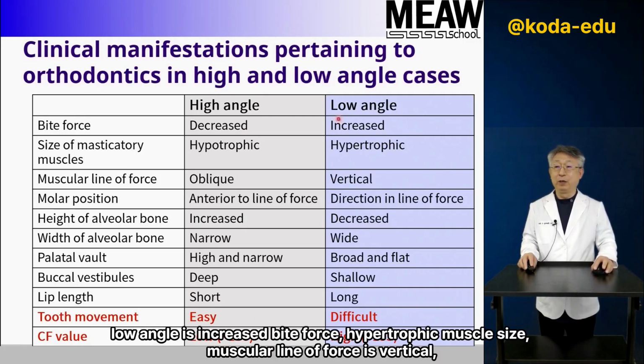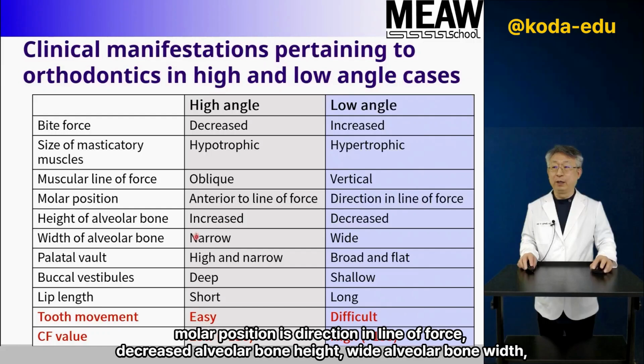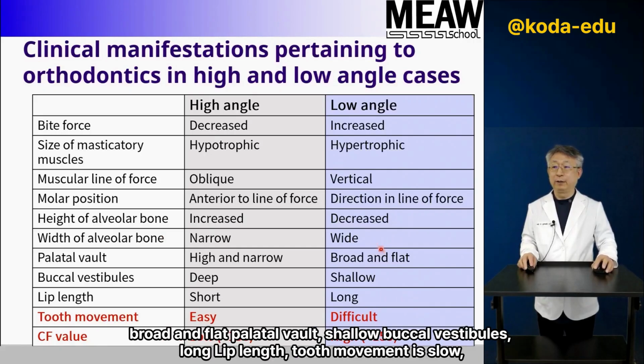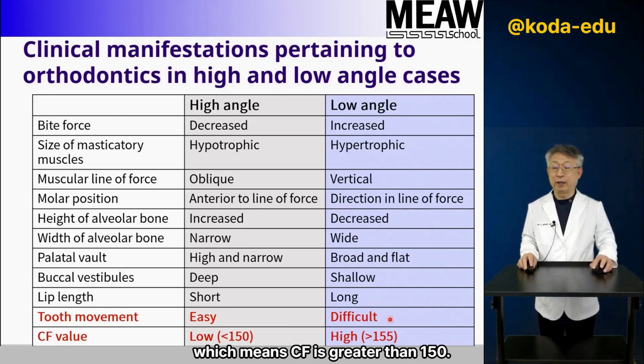Low angle has increased bite force, hypertrophic muscle size, muscular line of force is vertical. Molar position is in the direction of the line of force, decreased alveolar bone height, wide alveolar bone width, broad and flat palatal vault, shallow buccal vestibules, long lip length, tooth movement is slow, which means CF is greater than 150.